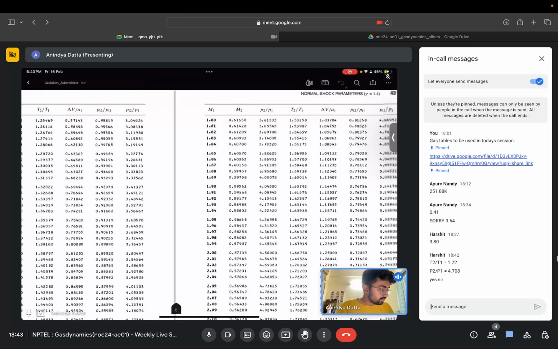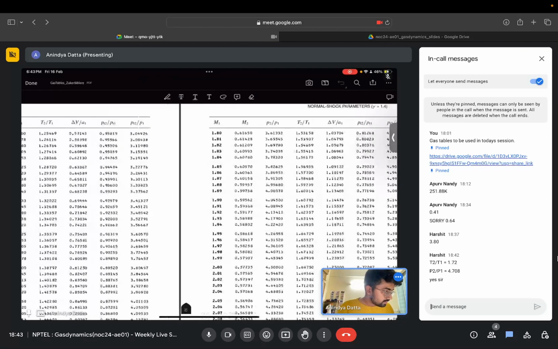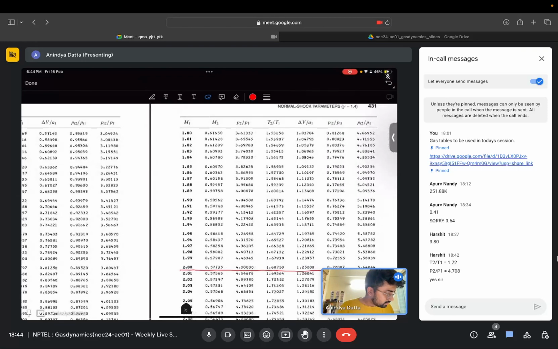Again, we are looking at this column, this row.